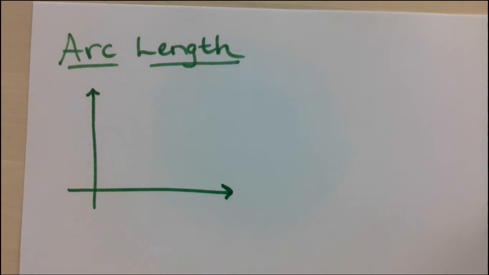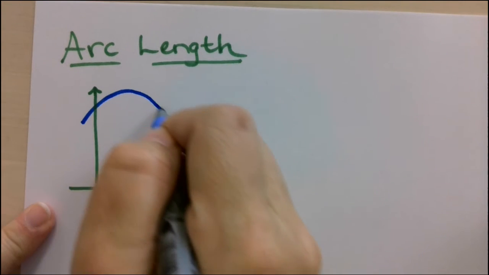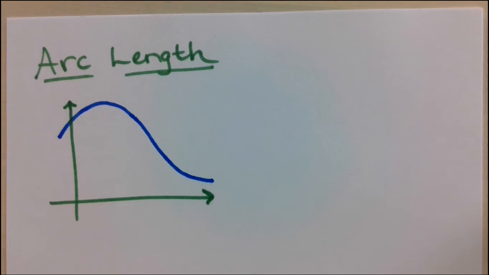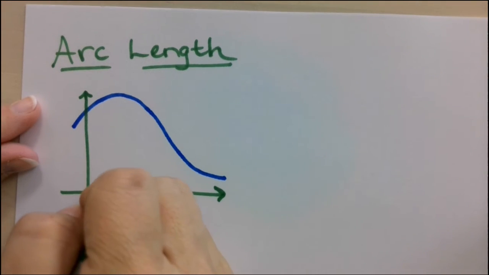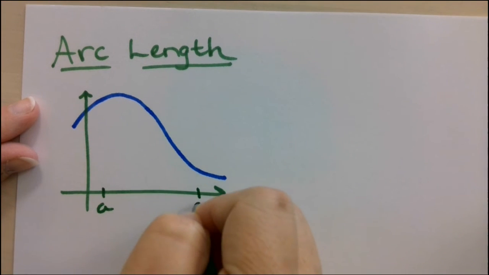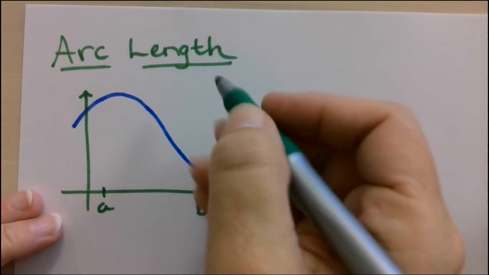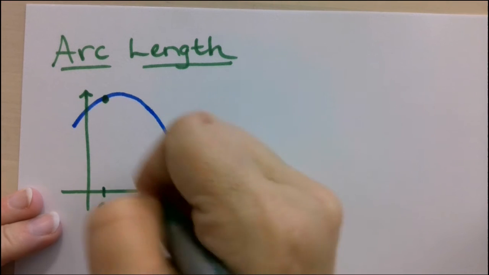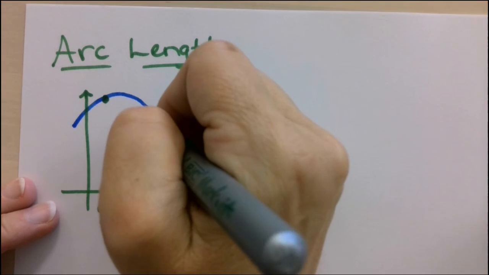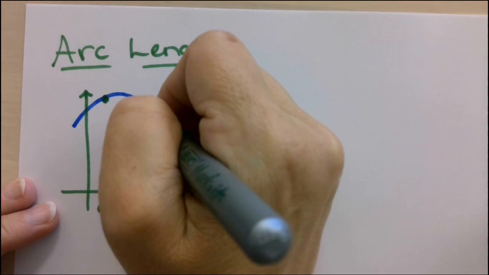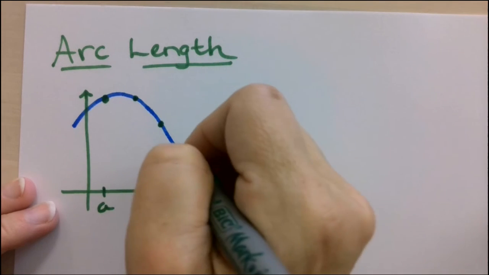So let's consider this curve. And let's say that I want to find the length of this curve from A to B. Now, one thing that we can do is divide up this curve into little segments, just like we would divide up a region into rectangles and add them together. I can divide this up into, I'm going to do 4 segments here.